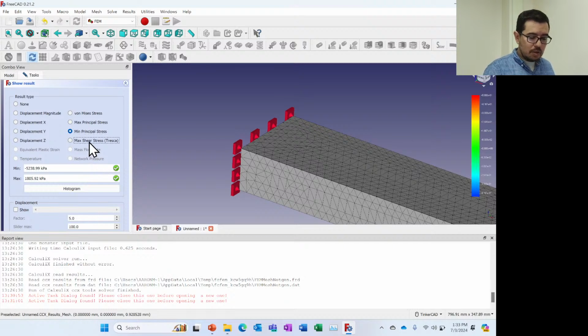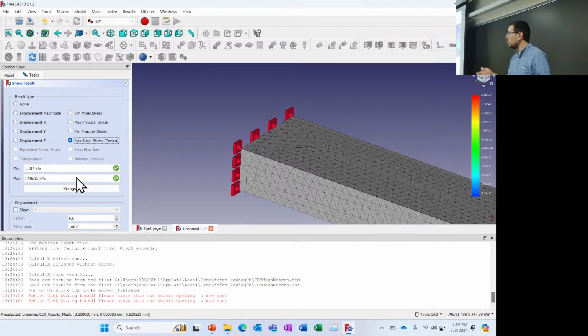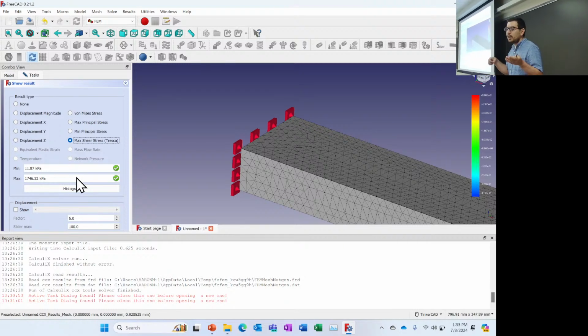The maximum shear stress would be about half, right? You're like, well, wait, but there's transverse shear. Well, remember, for a beam that's somewhat long, we don't care about transverse shear stress. We know how to calculate it, that's very nice, but the transverse shear stress is typically very small.